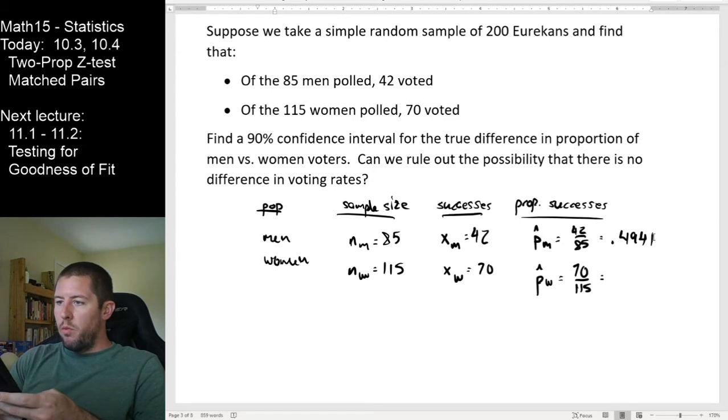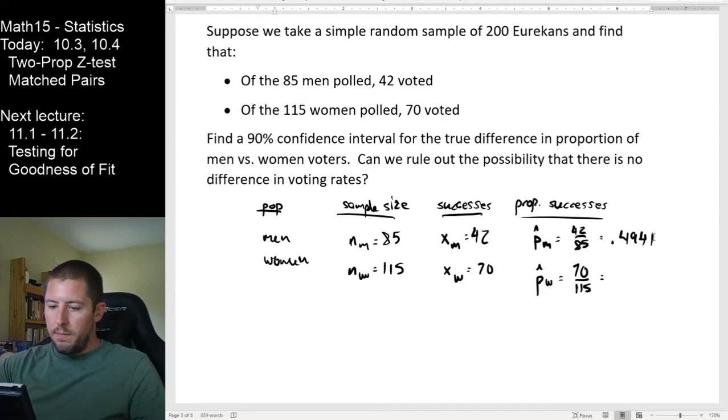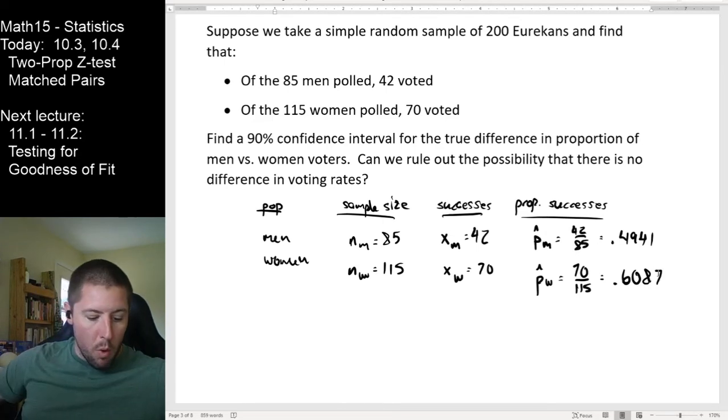And the proportion of women that voted, 70 divided by 115, is 0.6087. All right, so we've got our proportions of success across each of the two groups here.